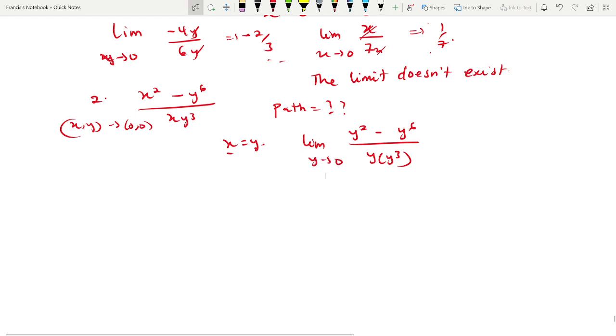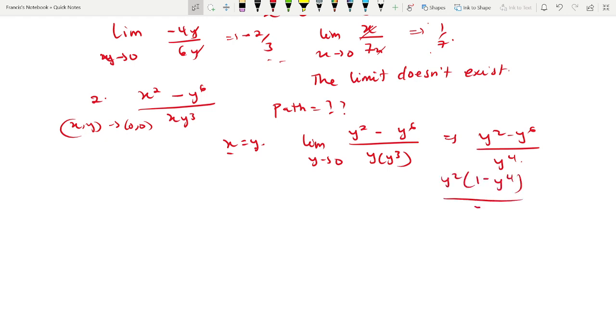So for this path, I'm going to get (y squared minus y to the power 6) all over y to the power 4. I can factorize y squared: y squared times (1 minus y to the power 4) over y to the power 4. I can cancel, and I'm going to get (1 minus y to the power 4) all over y squared. So when I put 0 here, I'm going to get something like 1 over 0. That is infinity.